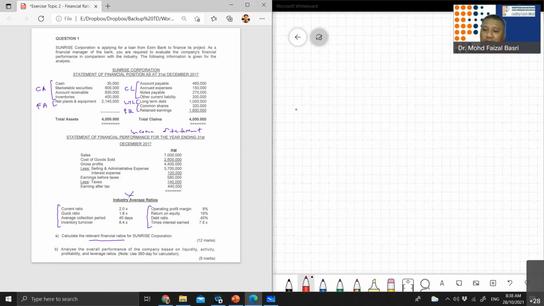Even though it's a group assignment, let's say you have 4 members. So most likely you're going to choose 4 different companies. Meaning every member needs to choose one company from the same industry. Remember tadi I showed you in Bursa Malaysia, choose the sector and you can choose the sub-sector. For example, I gave tadi consumer products and then you go for F&B.